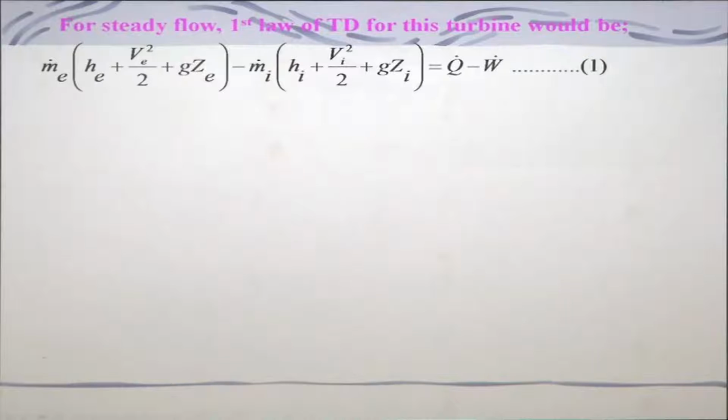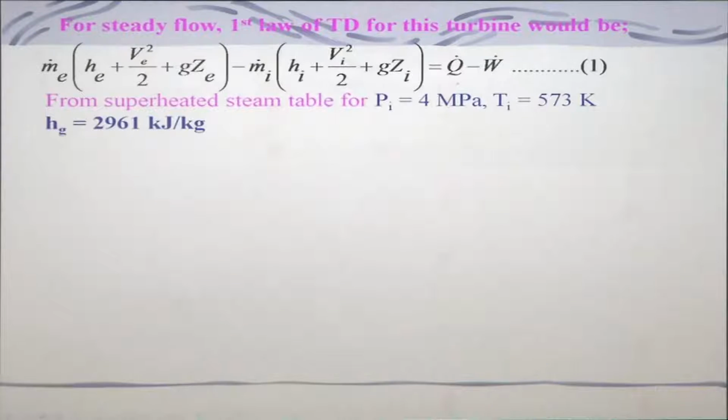We will invoke the first law, which consists of the total energy term including the flow work, and the heat and work interactions. We take the data from the superheated steam table at pressure P_i of 4 megapascals and T_i of 573 Kelvin, and get the enthalpy as 2961 kilojoule per kg.